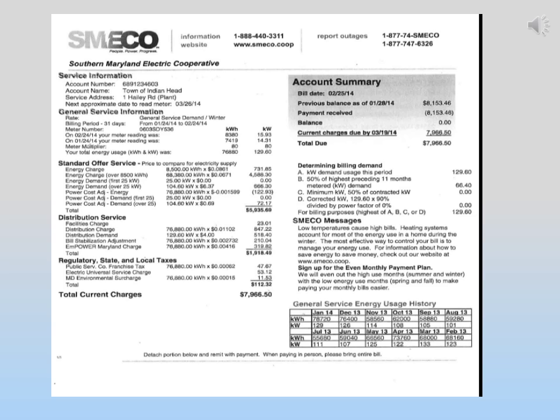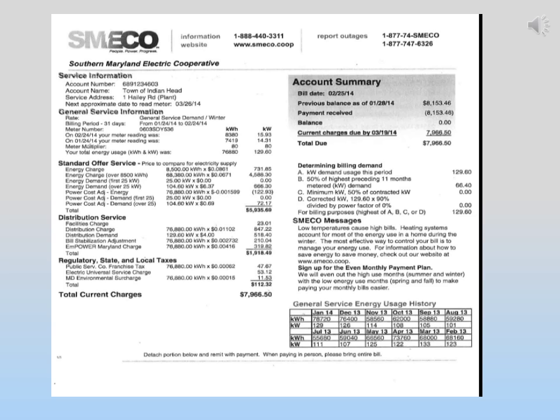Remember, with this tariff, that was a 15-minute value, so that occurred for at least 15 minutes. As we move down the bill, there are standard office services, and we can see that this particular energy charge in this case on this bill was about 8 cents per kilowatt hour.